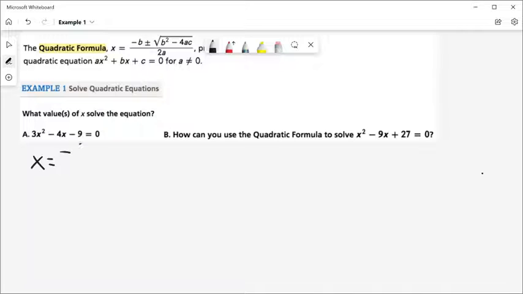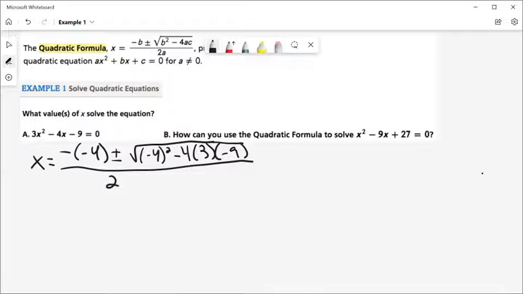equals the opposite of -4 plus or minus the square root of -4 squared minus 4 times 3 times -9. Then we put that all over 2 times 3.